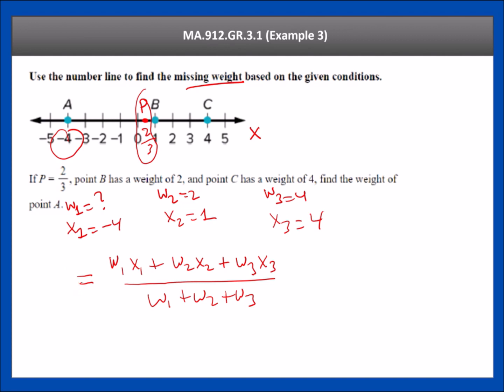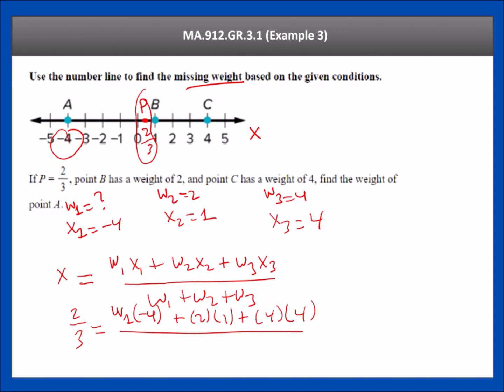So we're going to replace that with 2/3. So we got 2/3 equals, and we don't know what W1 is, but we do know x1 is -4. We know W2 is 2, x2 is 1. W3 is 4, x3 is 4, over, we don't know W1 again, so W1 plus 2 plus 4.